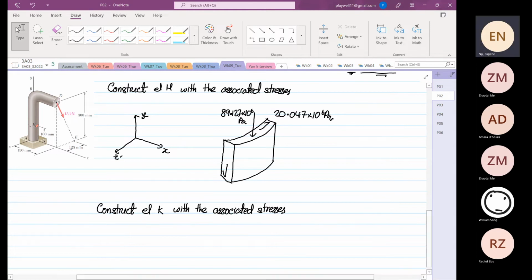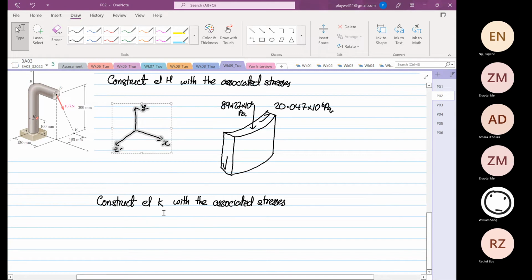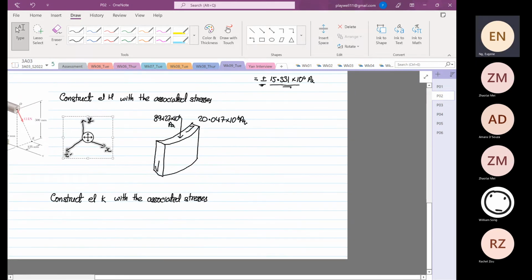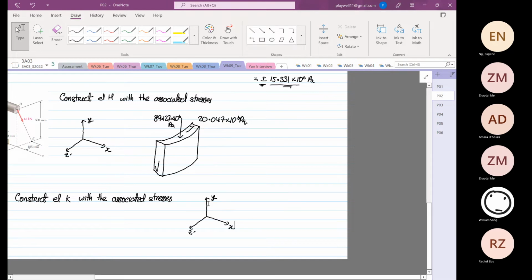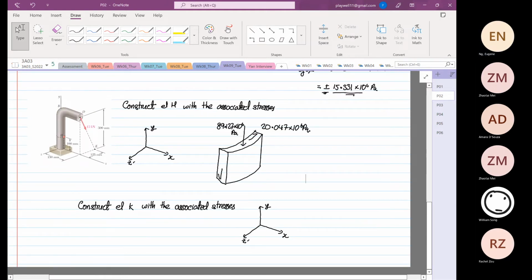Okay. So we have this. I'm going to still use the same transformation. I will use the left side. Now element K from this view is on the other side, right?